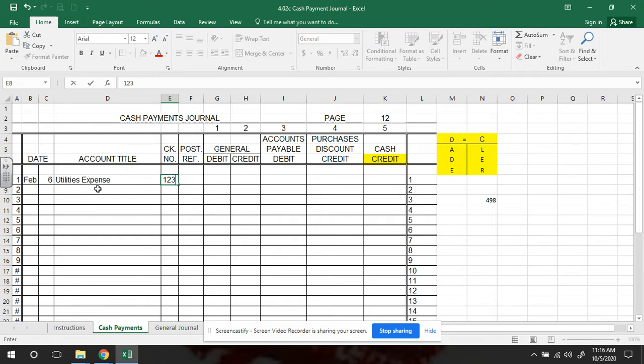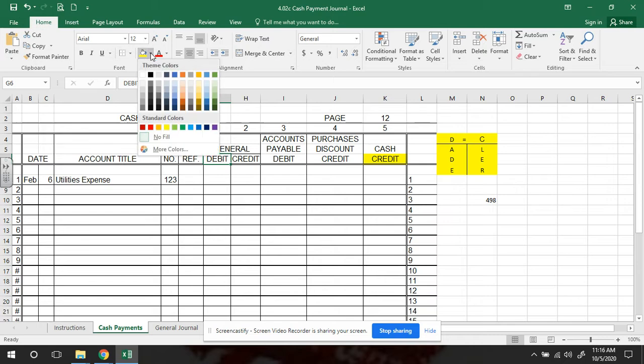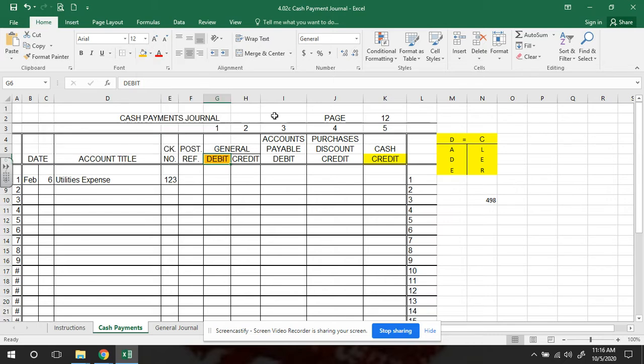Now, utilities expense, I have two debits here. I got to figure out which column I'm going to put this debit in. It's definitely going to go in cash credit because we paid it out. But is it an accounts payable? No, it's not an accounts payable. It's just a regular expense, so it's going to go in general debit.